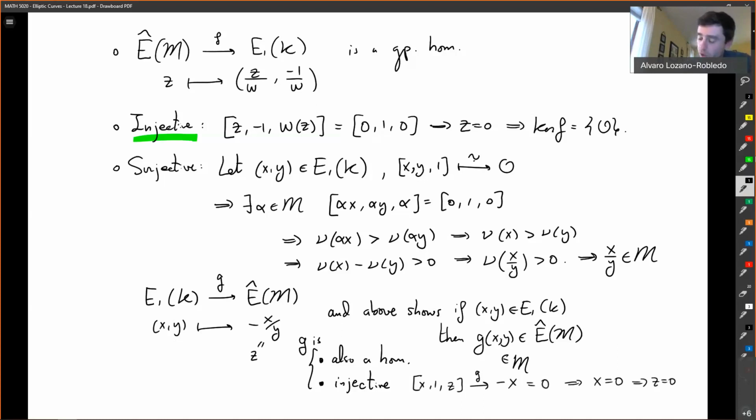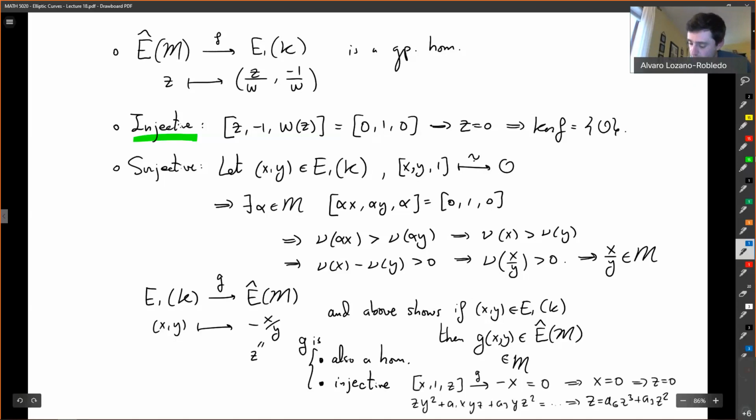Well, if you want, you can write the Weierstrass equation here. The Weierstrass equation would be, in projective coordinates, z y squared plus a1 x y z plus a3 y z squared equals the rest. If you plug in that x equals 0 and y equals 1, this gives you something like z equals a6 z cubed plus a3 z squared, and this implies that z has to be 0.